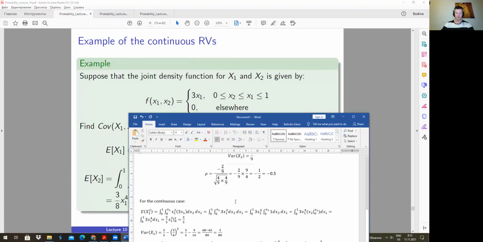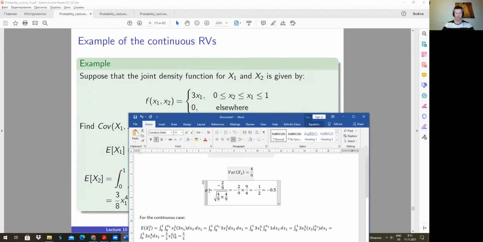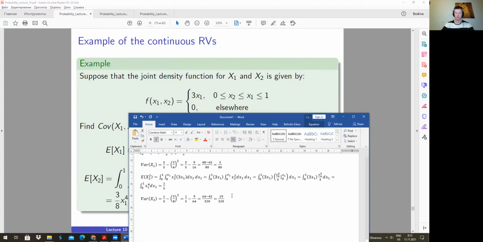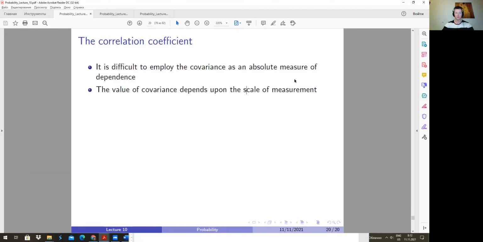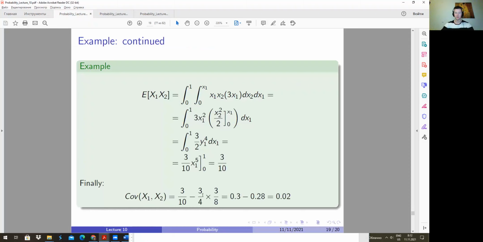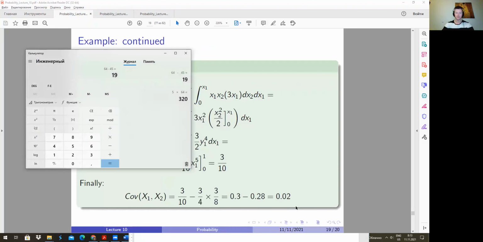And the last step is to calculate the correlation coefficient. What was the covariance? The covariance was 0.02.